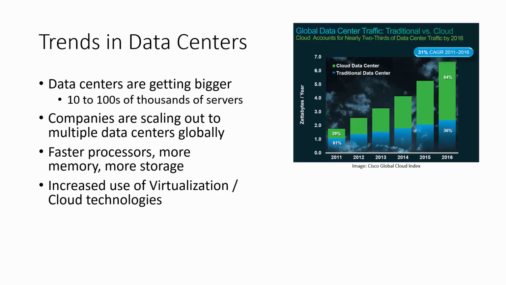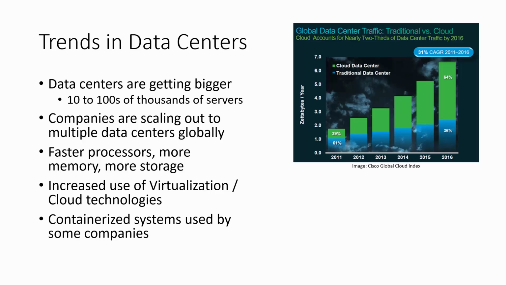Now, the image that I'm showing you is a representation of the global data center traffic as collected by Cisco. And there is an increasing trend towards more and more traffic originating or destined to cloud data centers as opposed to traditional data centers. And that is only increasing every year. And there are many companies that actually are using systems known as containerized systems.